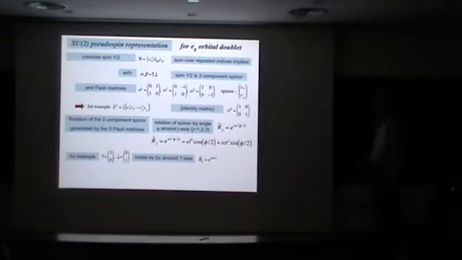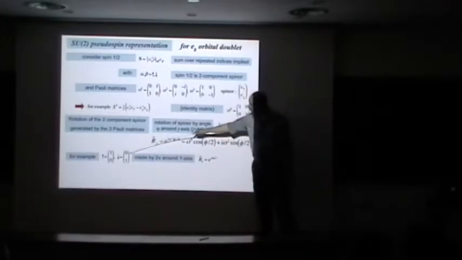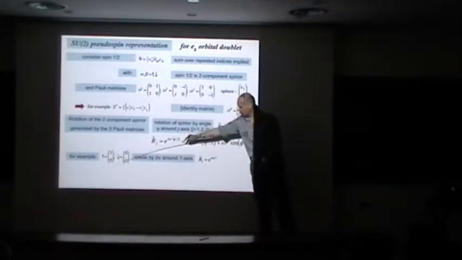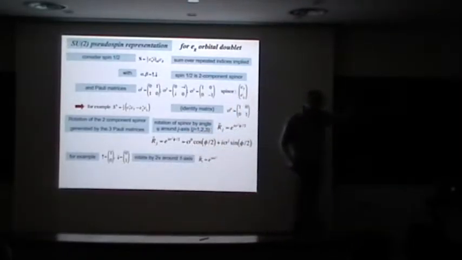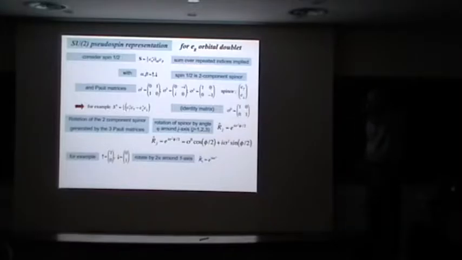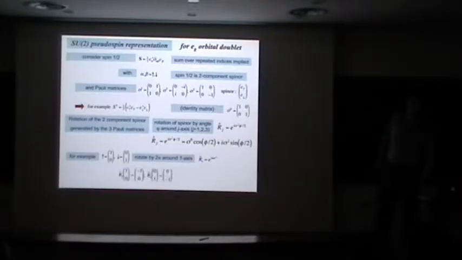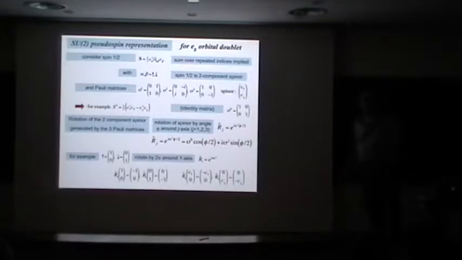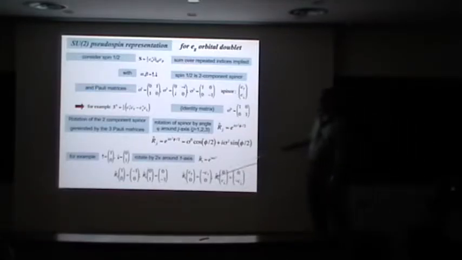So what happens if you rotate a spin by 2 pi? If you rotate spin up by 2 pi around the x-axis, well, you get the same spin, of course, but with a minus sign, because it's a spin. Right? This is the typical situation for spin.